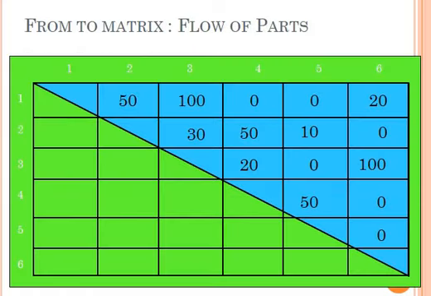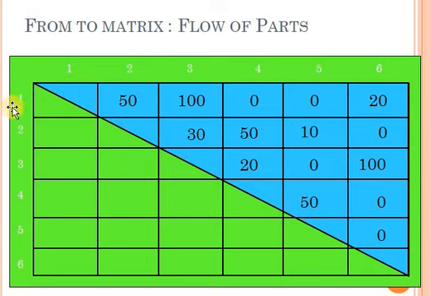This is what the from-to matrix or from-to chart looks like. You see here the numbers. This is the first department, department 1, 2, 3, 4, 5, and 6. We draw it horizontally and vertically. You see here, 1 to 1, I have nothing moved from department 1 to 1 because it's the same department.